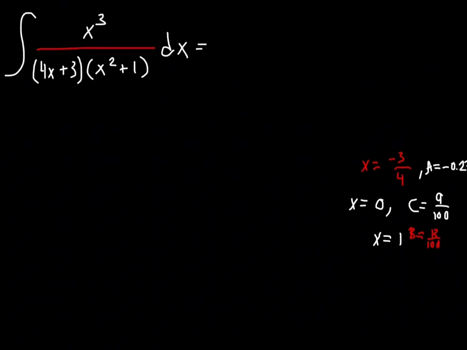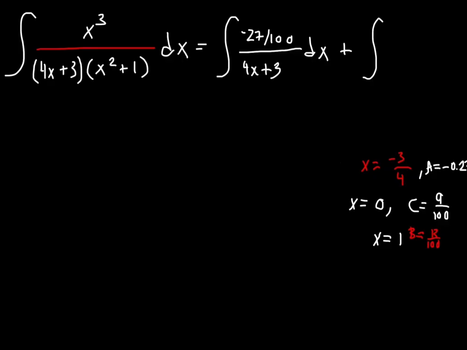Now we know the value of the numerator, so we'll just separate this one here. So integral of A is negative 27 over 100 all over 4x plus 3 dx plus integral of 13 over 100 x plus 9 over 100 over x squared plus 1 dx.